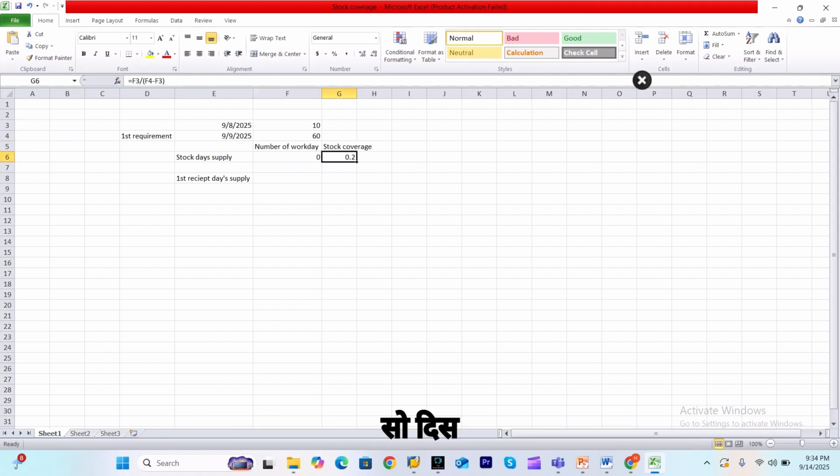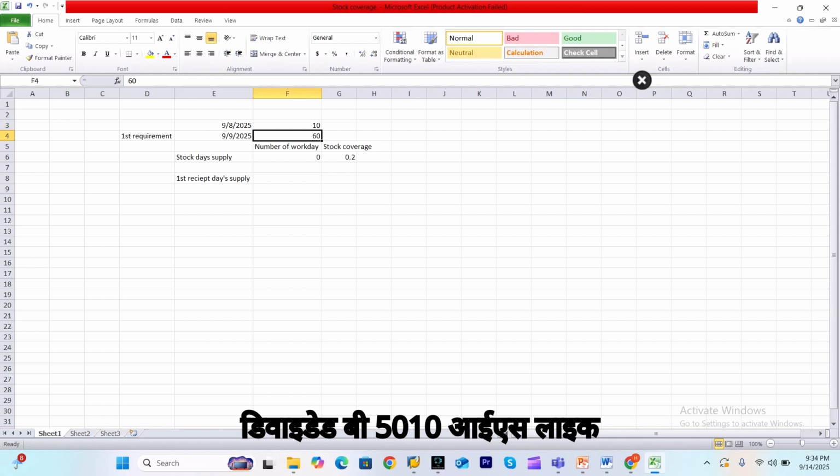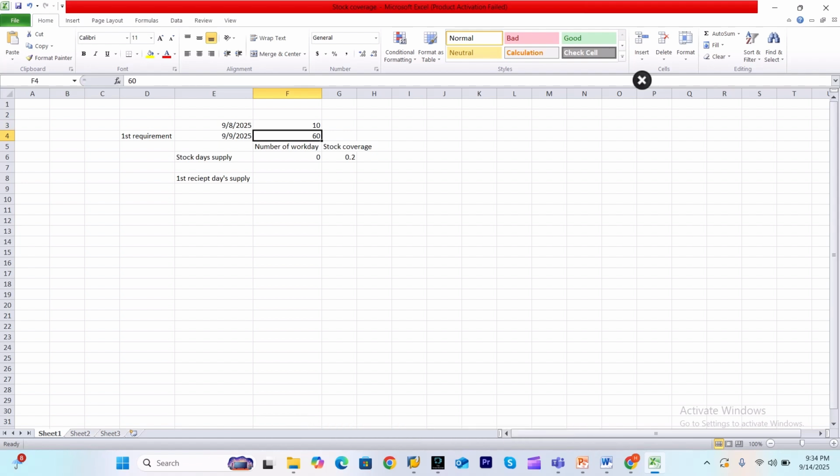That's the reason for 10 divided by 50. The 10 is how much stock was there on the requirement day when you have the shortage, divided by how much the shortage is.